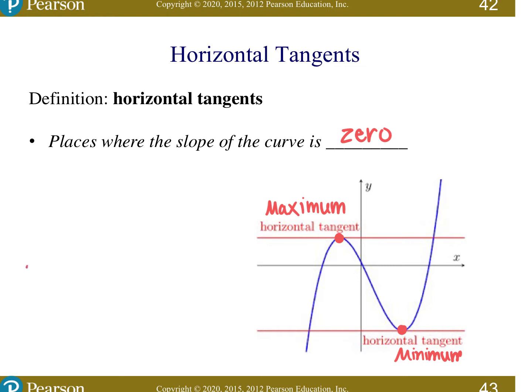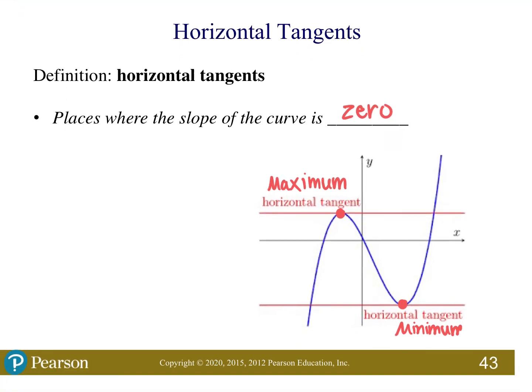If you think about a sine wave that just goes up and down and up and down, every time it changes direction, it's got another horizontal tangent because the slope keeps changing and changing. The one I've drawn is a cubic function, so it has two. A parabola function only has one. The higher up you go, the more it's going to have. All right, good thinking on that, Noah.